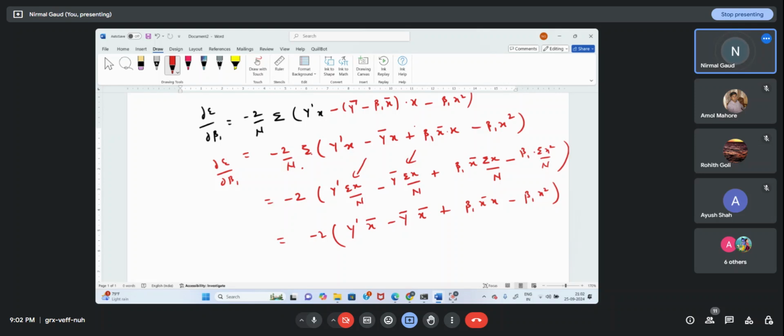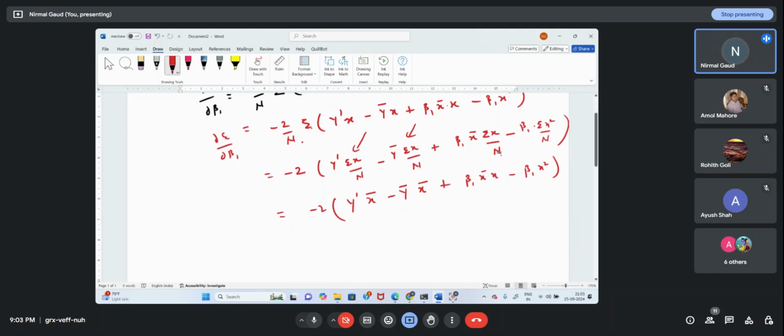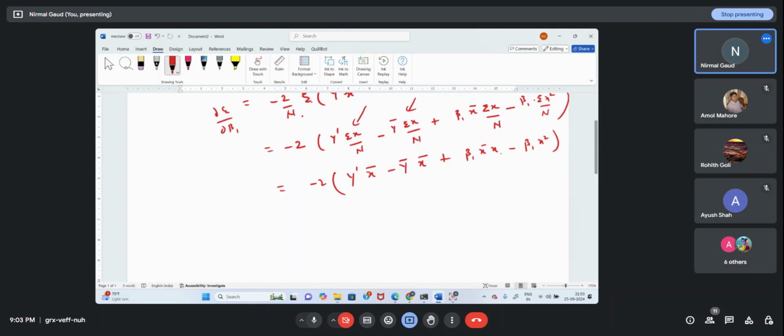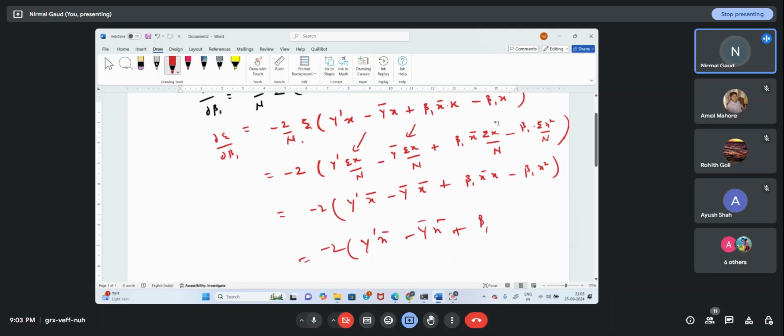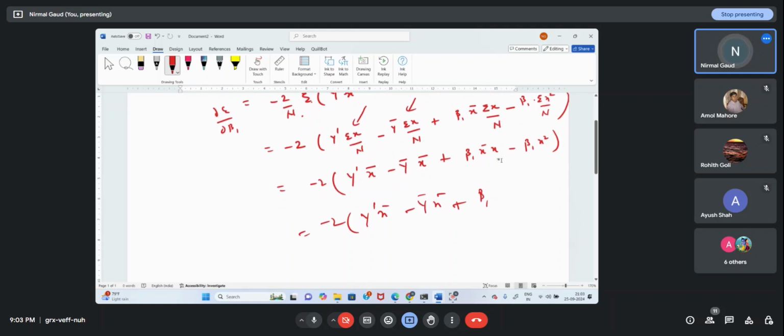Then here the things are getting like, if I say summation of x upon n, it will be like this: minus 2 y dash x bar minus y bar x bar plus beta 1. This is already x bar, and this will also become x bar, so it will be like x bar into x bar.